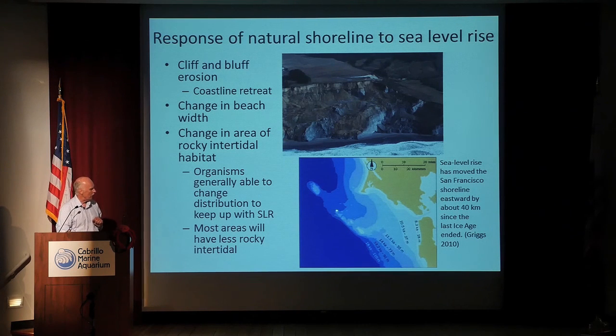So this is about 18,000 years ago. This is where the shoreline was at San Francisco. And then as the sea level, after the ice age ended, the glaciers melted and the sea level went up, the shoreline went back and back and back. So it was here about 11,000 years ago, and then 10,500 years ago, and then 8,000 years ago, and then this is the current shoreline. And so we get this regression of the shoreline.